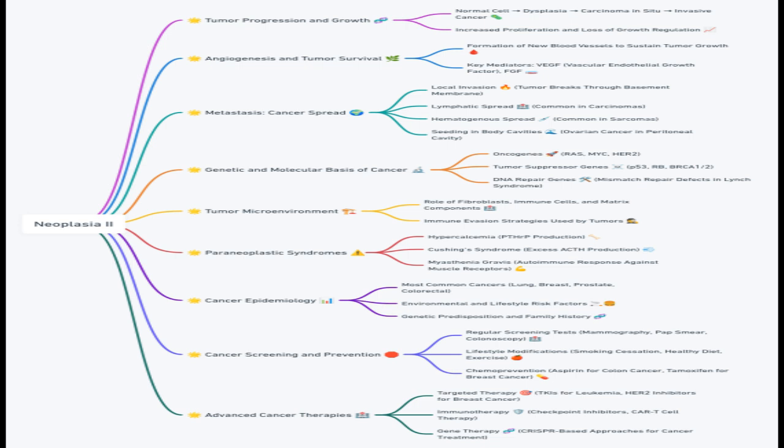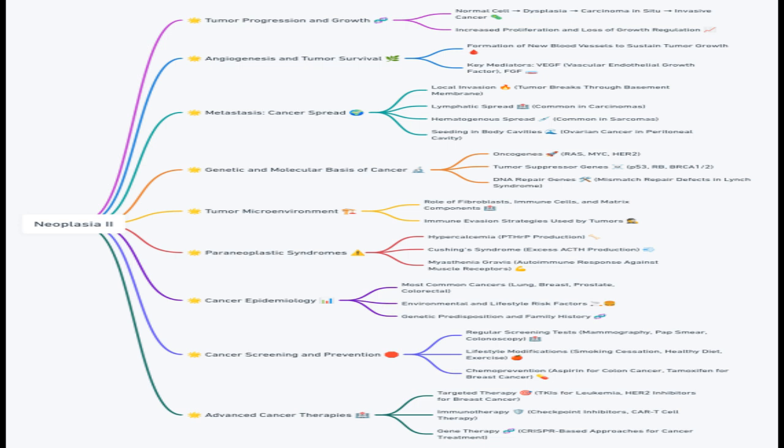HER2 receptor positive tumors are more aggressive, but they respond to trastuzumab, that's the Herceptin, and Ki-67 proliferative index, as high Ki-67 indicates increased tumor aggressiveness.